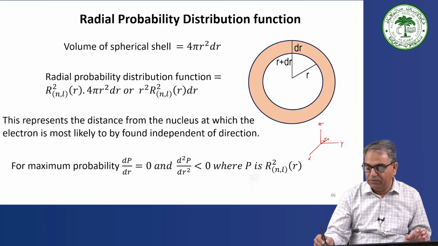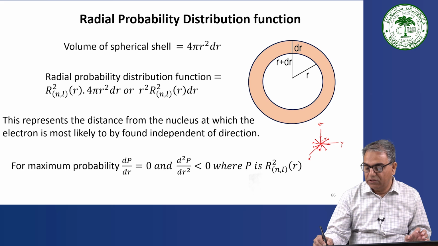It could be at theta, it could be parallel to the z-axis, parallel to the x-axis, parallel to the y-axis, or in between x and y, and all of it is the same distance, r.